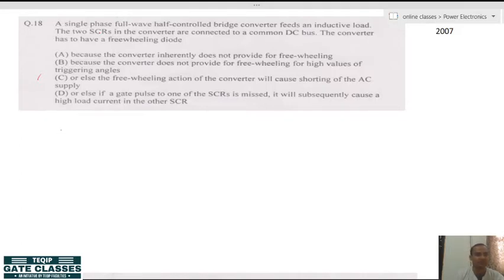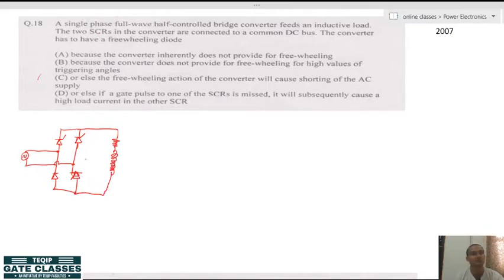It means the circuit configuration of the half controlled or semi converter is like this, and it is providing an inductive load. Now it is saying that the converter has to have a freewheeling diode.